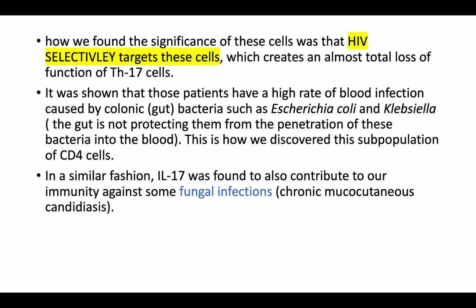They also have reduced immunity against fungal infections, called chronic mucocutaneous candidiasis, for example in the esophagus or in the mouth. And again, this is due to the reduction of the interleukin 17 CD4 population.